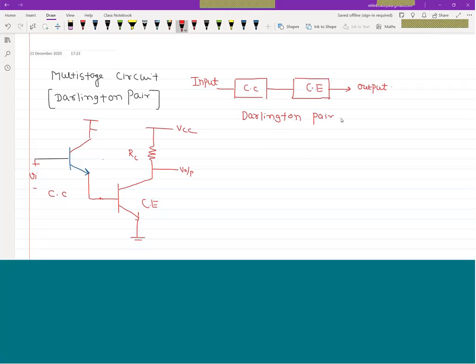So let's draw the small signal model for this Darlington pair circuit, and let's analyze how we can analyze the Darlington pair circuit. So let's start. We can start with the hybrid pi model because there is no resistance on the base terminal.